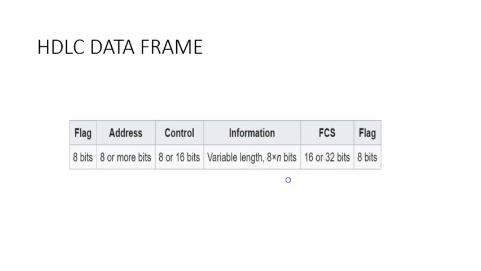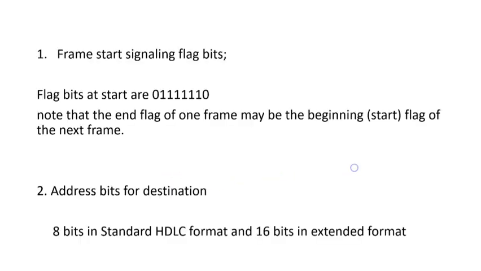So this is the data frame structure of the HDLC protocol. First one is the flag bits, signaling the start of the frame. Again, for the ending of the frame also, there is a flag bit. The flag bits are 0, then six 1s, then 0. This is the structure of a flag bit.